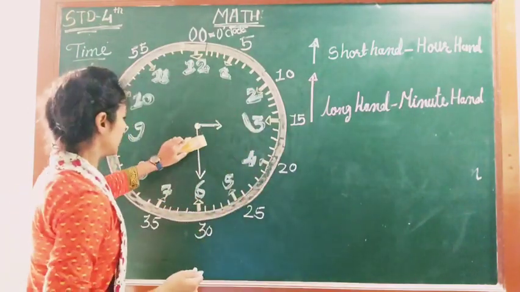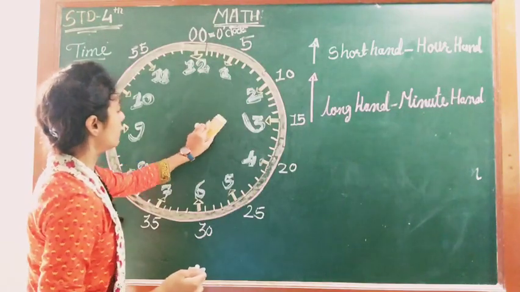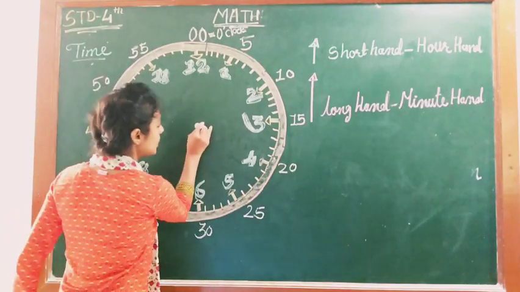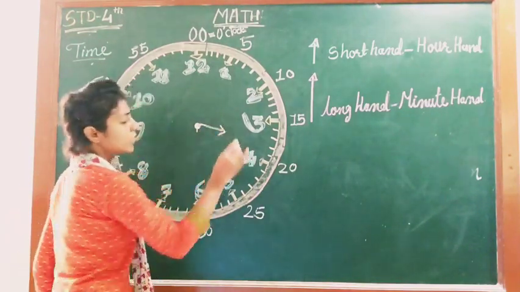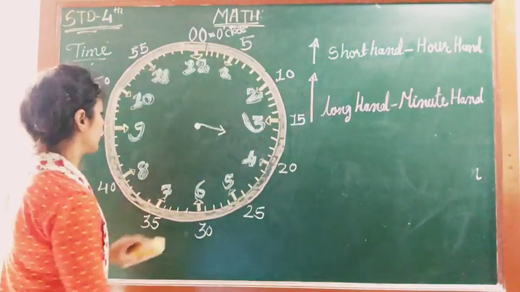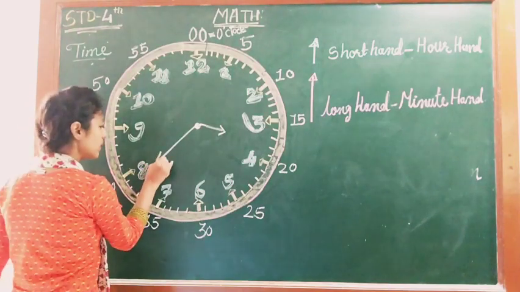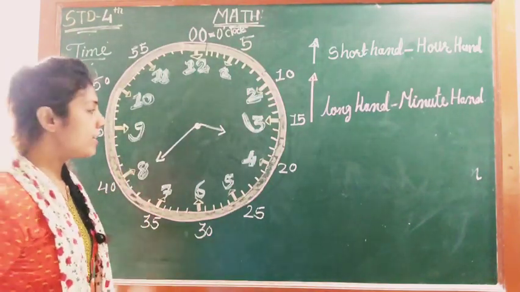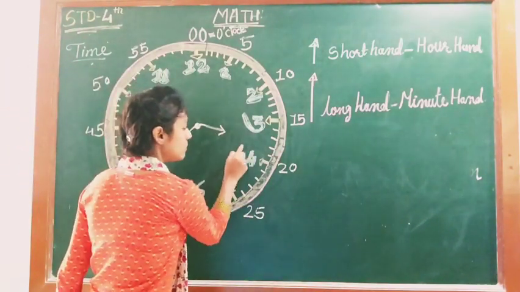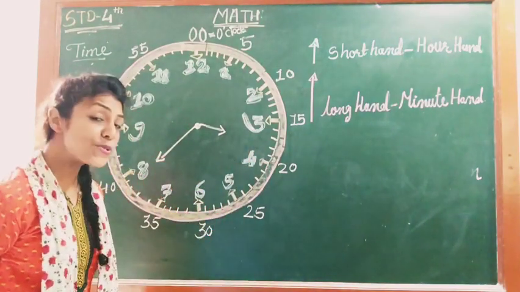Now again, if this hour hand is in between 3 and 4, and the minute hand, the long hand, is towards the 8. So how to read? This hour hand is between 3 and 4. Then how to read?